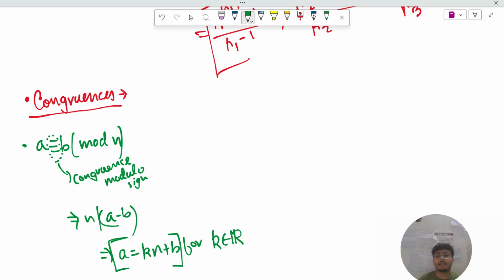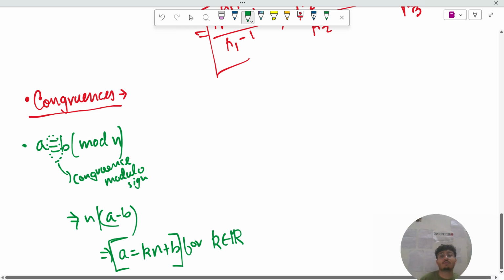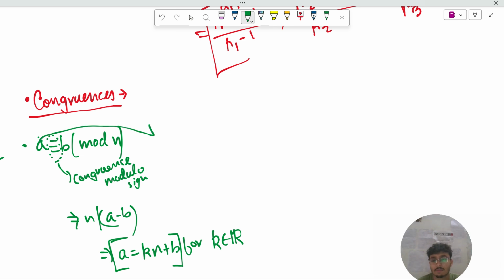So here if you look at it properly, this basically denotes the division algorithm in a much better way. How? So I have my A is congruent to B. My A is up here, so this becomes my dividend. I'm dividing it with N, so N becomes my divisor.